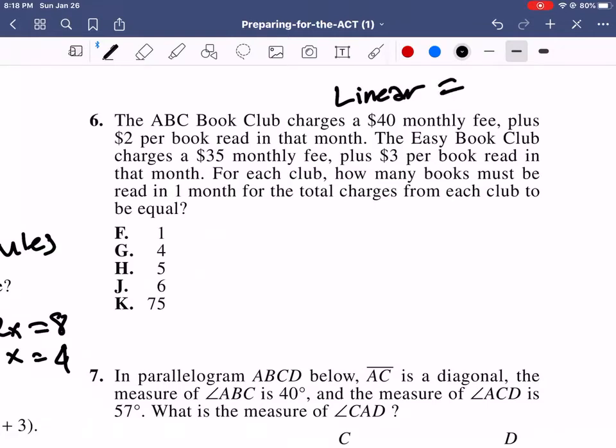equation. You know that because it's following y equals mx plus b. y equals 2x plus 40. 2x because this value changes with each book that is read.